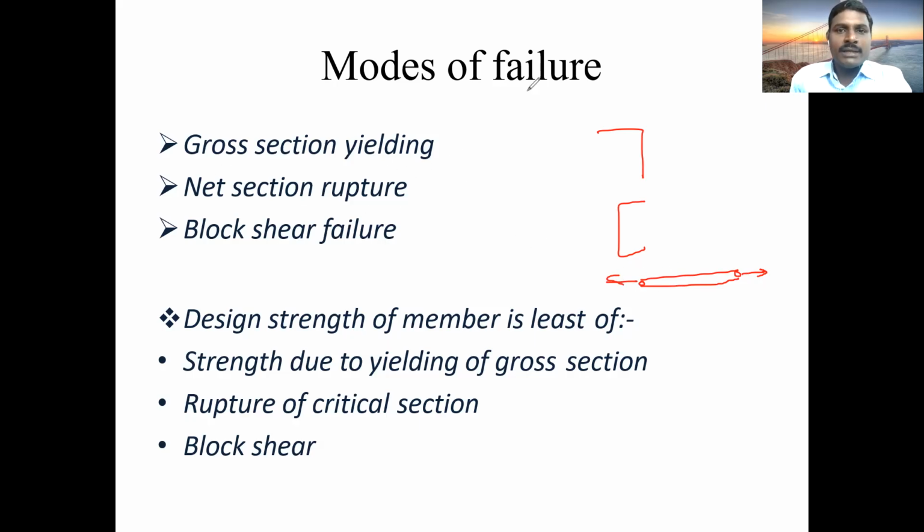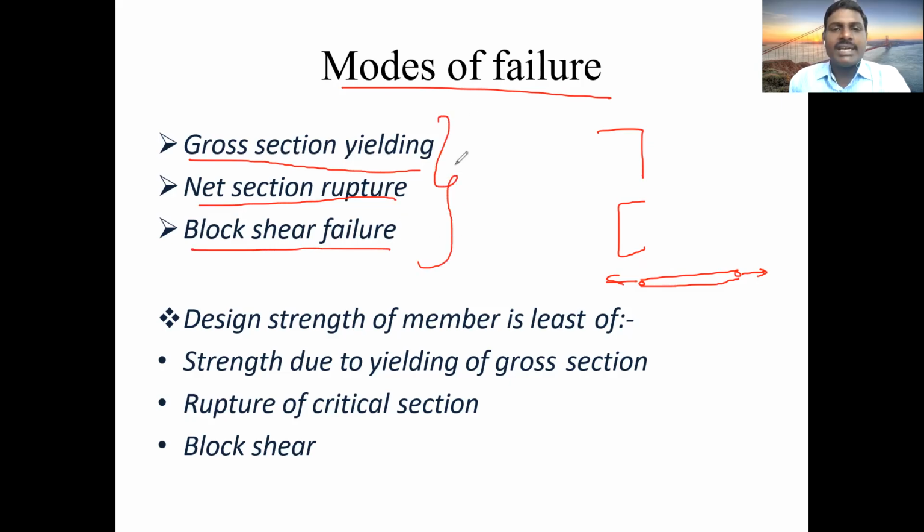These are under tension member or under tensile force. At that time the modes of failure, meaning failure of this particular member, are due to gross sectional yielding, net section rupture and block shear failure. So due to these three conditions, this member will fail.